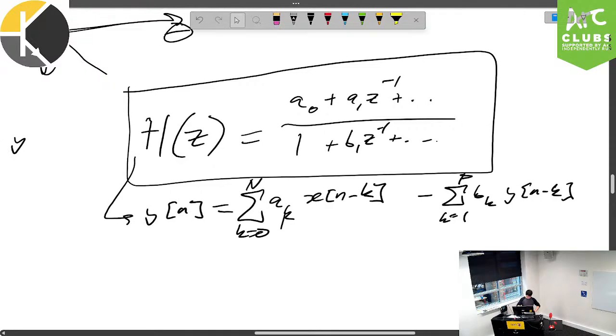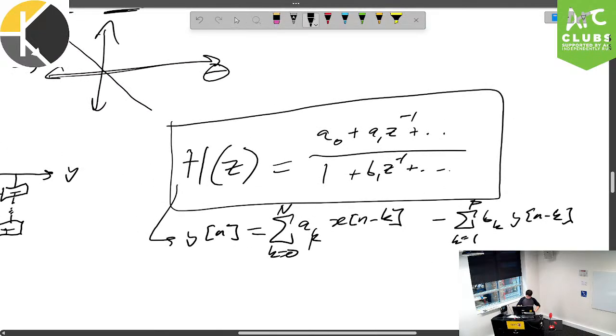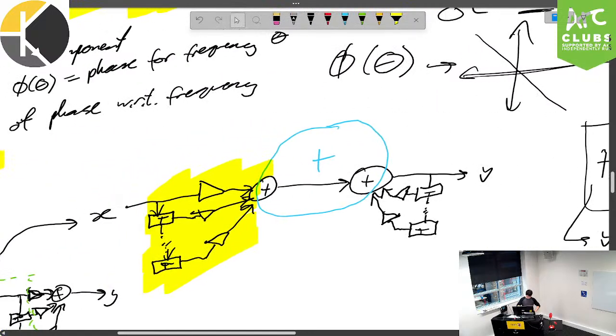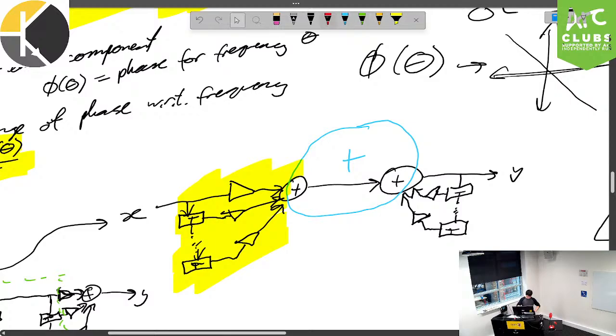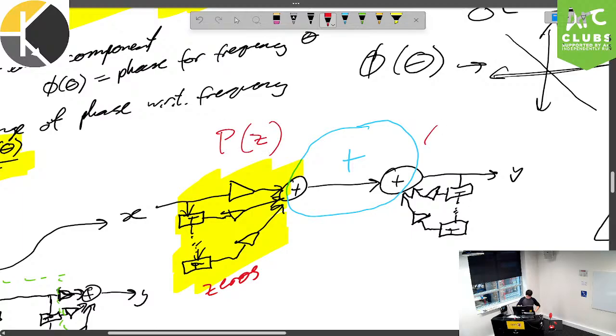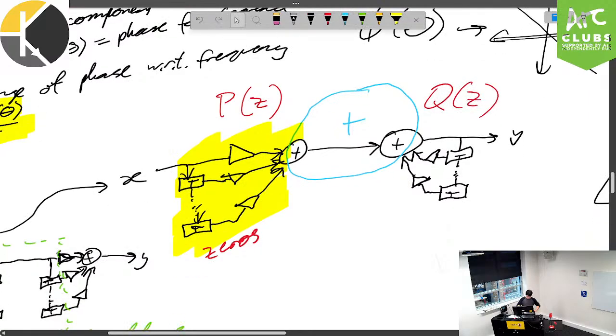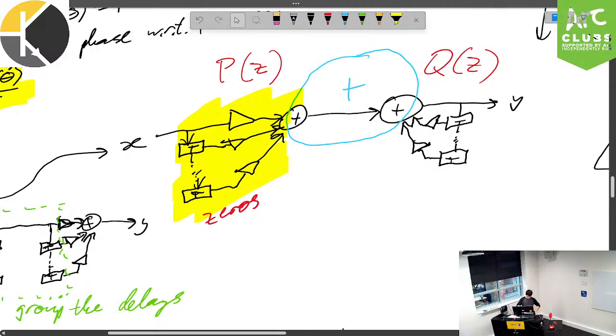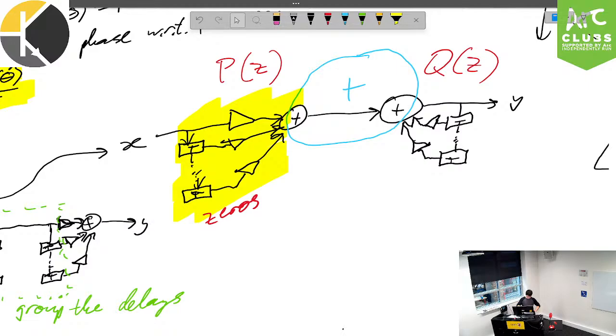Alright, so with this in mind, everything to do with x gets shifted to the numerator and gives us our zeros, okay? And so we can consider this left-hand side of our structure to be the zeros, okay? So when we try and analyze this a little bit deeper, we end up with 2 transfer functions, P of z and Q of z, whose multiplication gives us H of z, okay, which is our proper transfer function between y and x, okay?